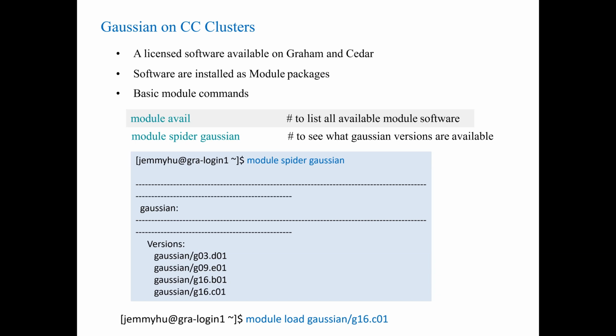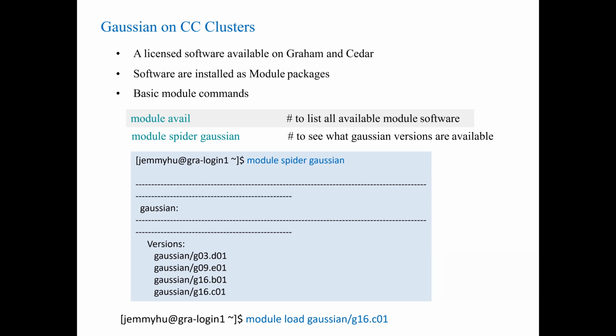Unfortunately, Gaussian is not available on other Compute Canada clusters because those clusters are on different sites, and those sites have not been willing to purchase their own license. Otherwise, we cannot put Gaussian on those clusters.